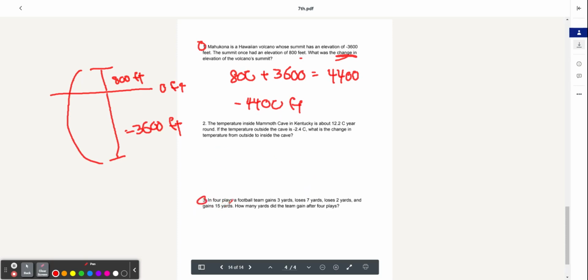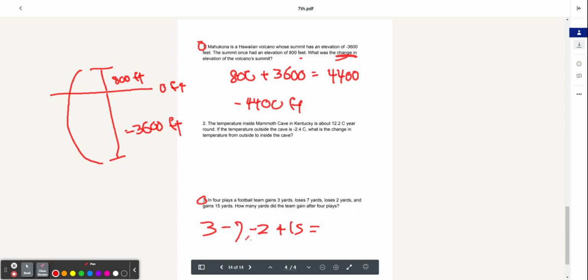Key 3. In fourth place, a football team gains 3 yards, loses 7 yards, loses 2 yards, and gains 15 yards. How many yards did the team gain after fourth place? So it's a really simple problem. We first start with gaining 3, we lose 7, we lose another 2, but in the end, we gain 15. So just solve the expression.